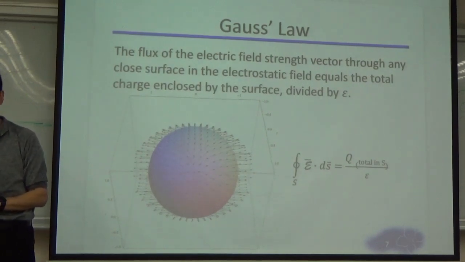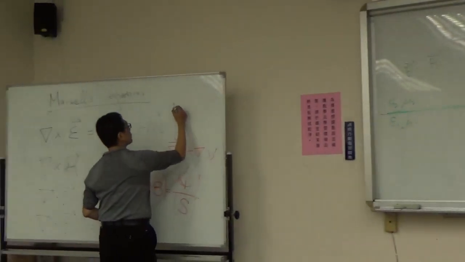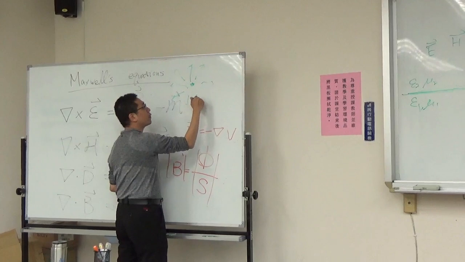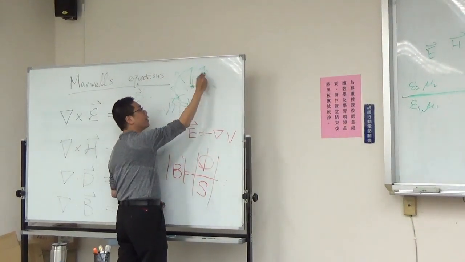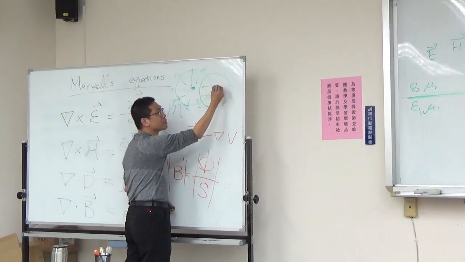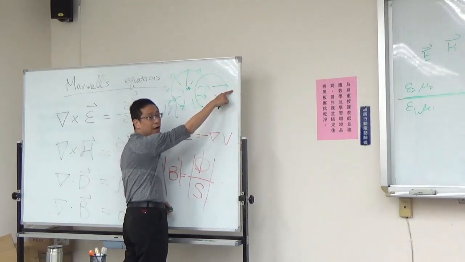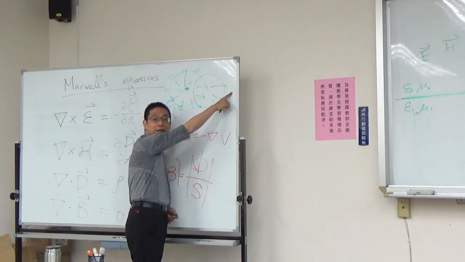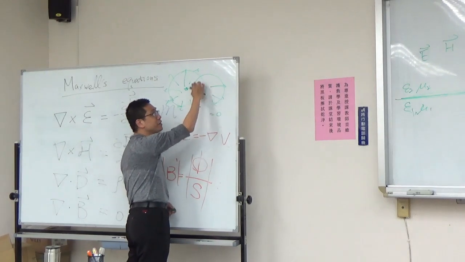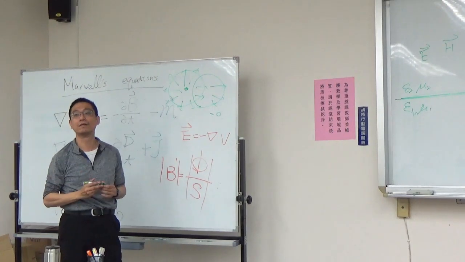If there is a charge here, I use 2D to explain. I integrate this part, you will know the Q. If I integrate this part, you will still get some answer, but because in and out, they cancel each other. The result will become 0 because there is no charge inside this area. This is Gauss's law.